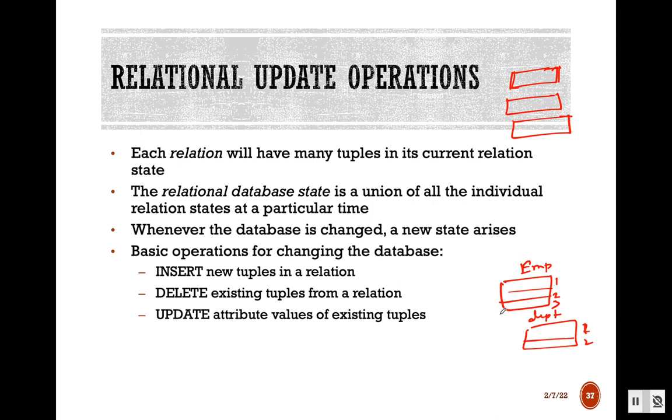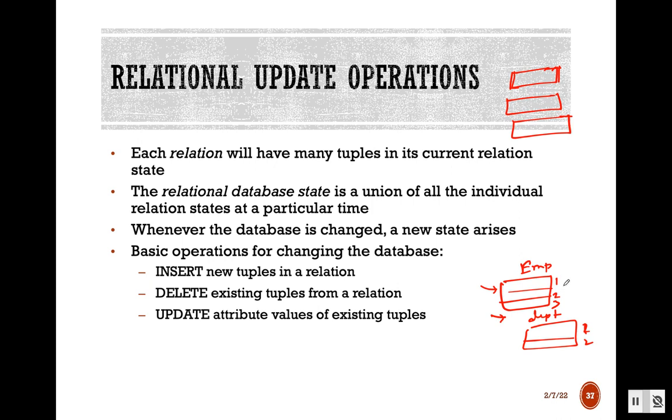Whenever I do some update operation, for example I insert a new employee record, that will be a totally different database state. Let's say I delete an existing employee from this table, that will be a new state. Let's say I am updating an attribute value for an existing tuple, that will also be a new database state.